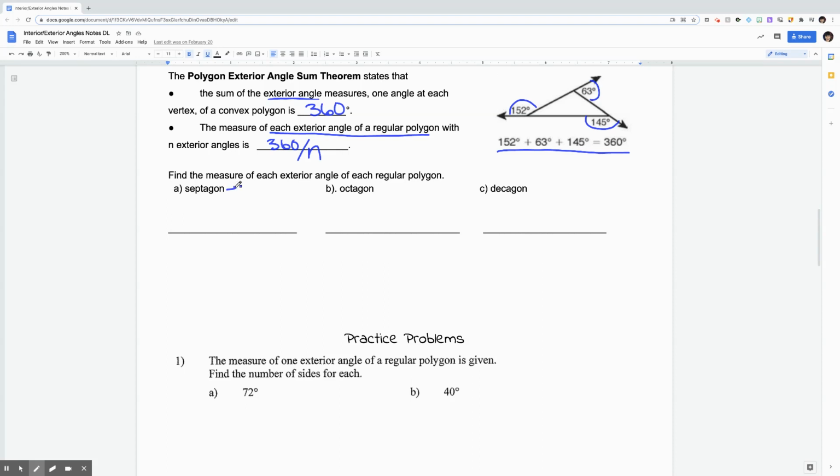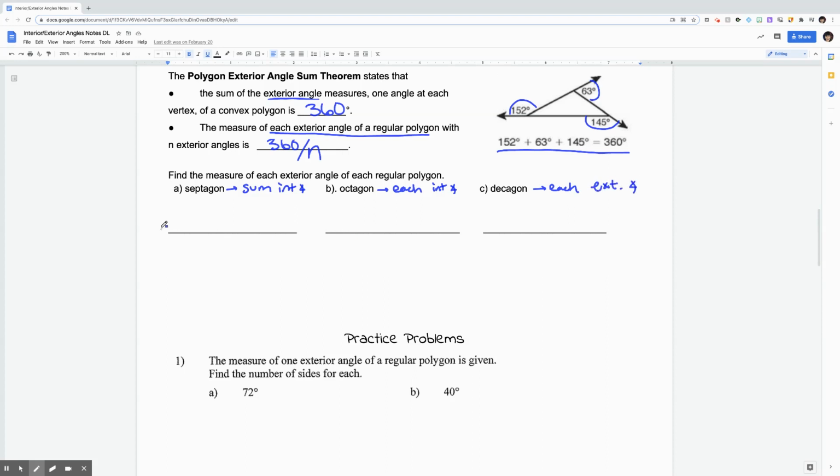Let's say for the septagon, I want to find the sum of the interior angles. For the octagon, I want to find each interior angle. And for the decagon, I'm going to find each exterior angle.